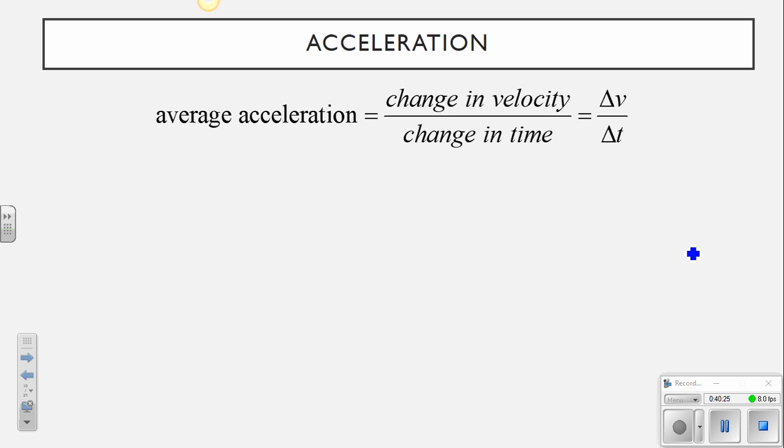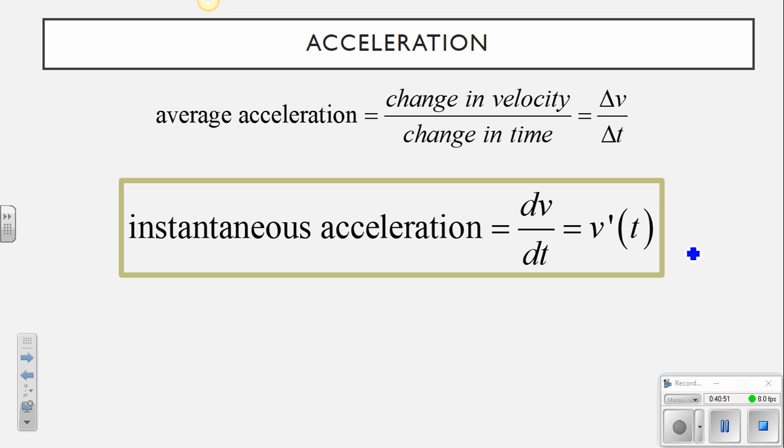So average acceleration is the change in velocity over the change in time. You can think of that as delta V over delta T. But what if I'm interested in the instantaneous acceleration? Not the average change, the instantaneous acceleration at a point.